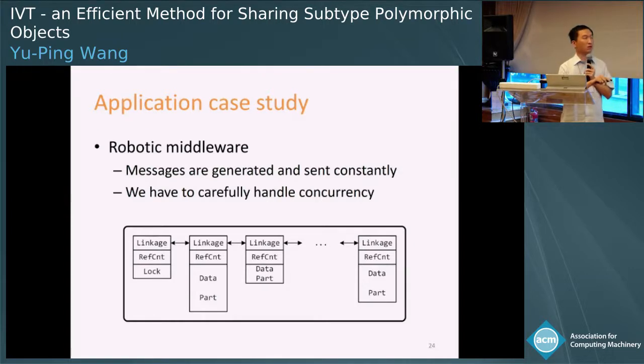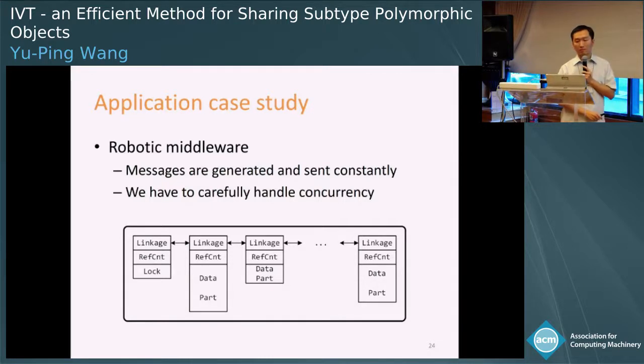So we carefully design some data structures inside a shared memory. Then we thought, why don't we design a base class for them? Unfortunately, if we want to design a base class, its destructor has to be virtual, right? So these become polymorphic objects in shared memory.